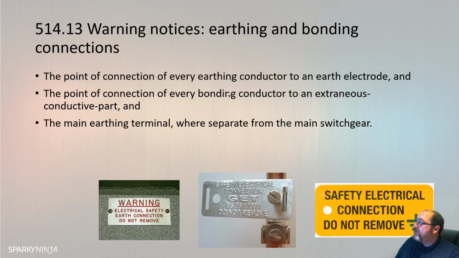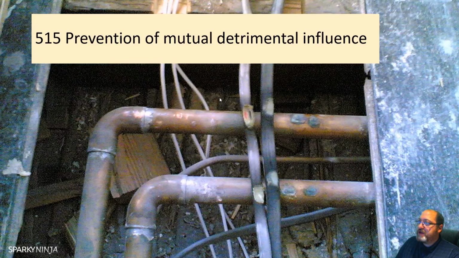The last little bit, 515, prevention of mutual detrimental influence. Equipment shall be selected and erected so as to avoid any harmful influence between the electrical installation and any non-electrical installations envisaged.